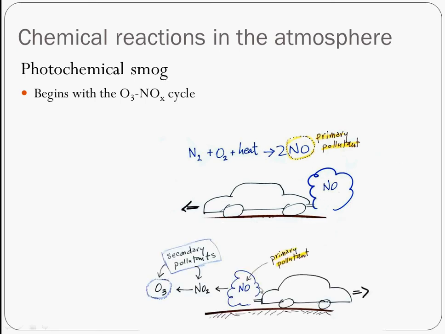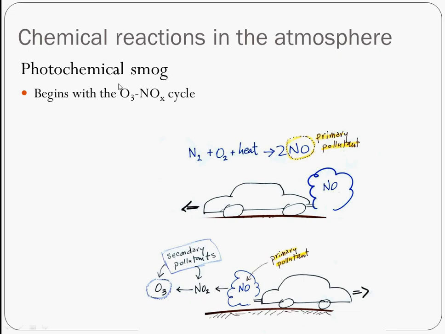Over time, oxygen actually combines with nitrogen oxide to form nitrogen dioxide. This is not terribly slow, but it happens through the course of the morning. First thing, you have rush hour, people driving their cars, producing a lot of NO, and then over the course of the morning, the NO gets transformed into nitrogen dioxide, or NO2.